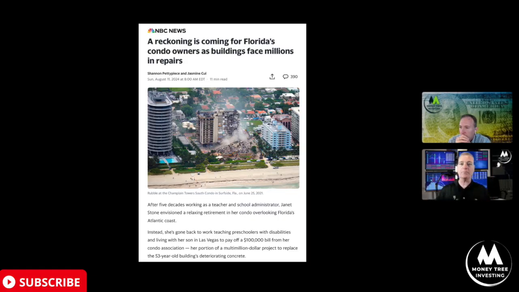I don't know her situation, but if you have taken all of your money to pay things off and not maintained enough liquidity and access to capital, and you get hit with a $100,000 assessment, I don't care how low or paid off that mortgage is, you may still lose the house.